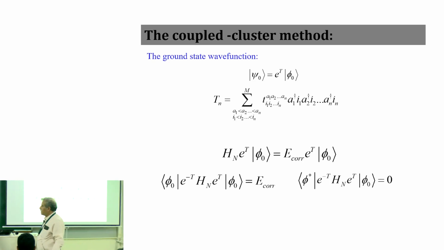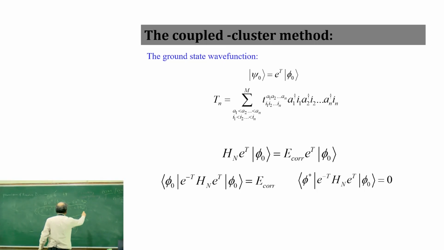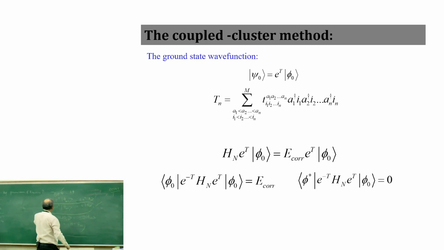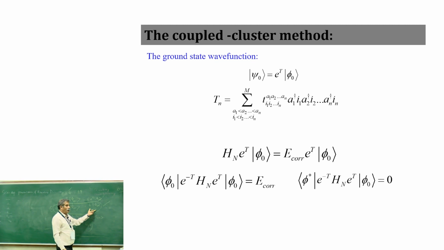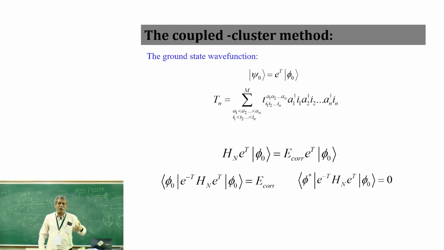As soon as I do e to the minus t, look at this equation, this is what I have got now, equation 2. As soon as I put phi star here, this is going to become 0. All the phi stars are orthogonal to phi Hartree-Fock, singly excited, because it is the same Hartree-Fock orbitals through which I am generating. And so these are the equations, and this is the energy, and we have to first solve the equation, then we get the energy.